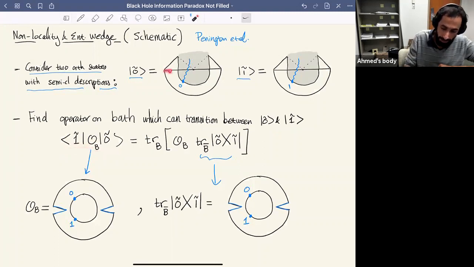Clearly, if it's space-like separated from them, from a semi-classical perspective, it should not be successful in doing this. That this transition amplitude semi-classically should be 0.